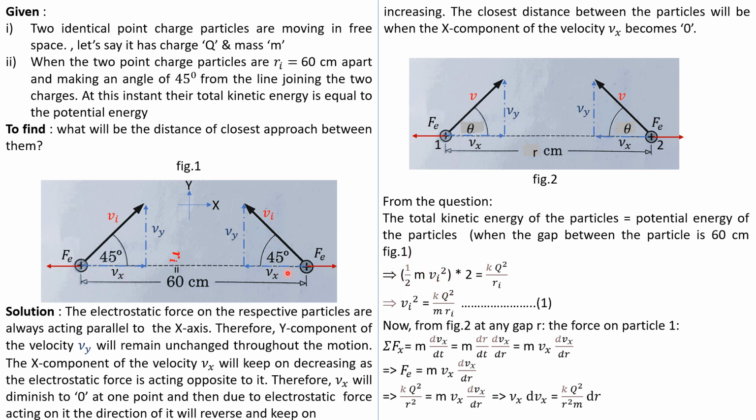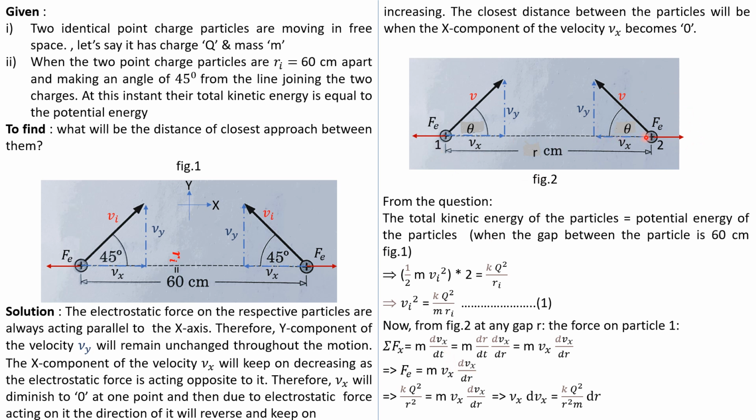There are two particles, so it will be multiplied by 2. So total kinetic energy will be this much. And potential energy of the system, you know, by formula is kq square by r subscript I. So from here we will be getting Vi square is equal to kq square by m ri. That is, we should say this as equation 1.